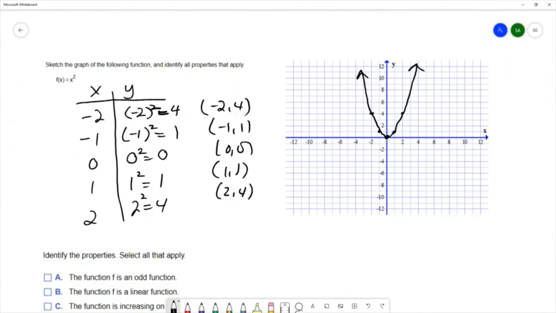The first property says this function is an odd function. An odd function has origin symmetry. So a graph or a function that has origin symmetry will have a mirror image going over the origin. That means that your picture in the first quadrant would be a mirror image in the third quadrant.